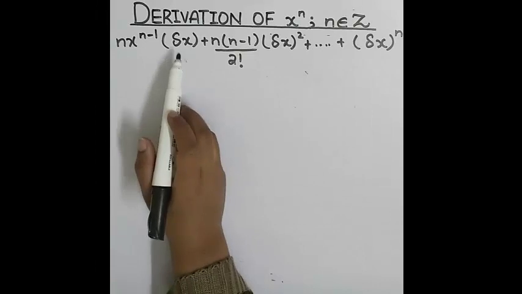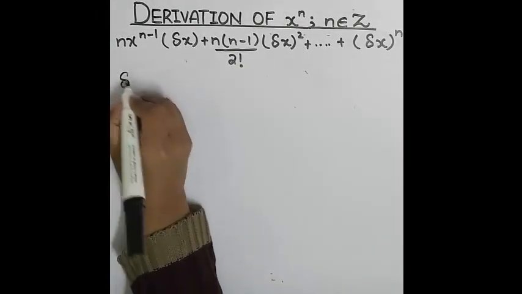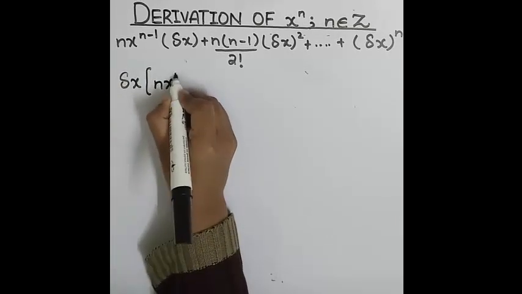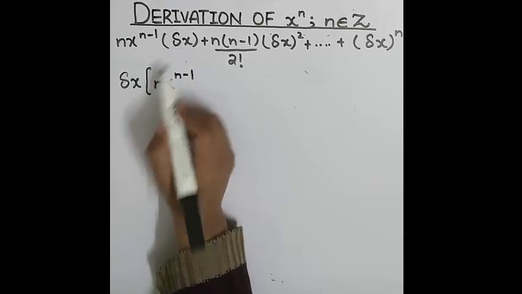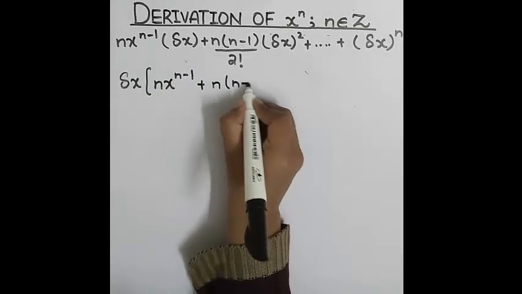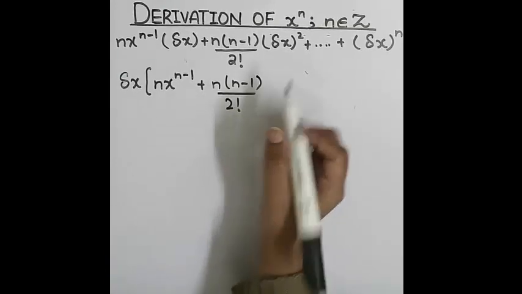So now we can take delta x common from all these terms. Delta x times n x^(n minus 1), this delta x has been taken common, plus n into n minus 1 over 2 factorial.